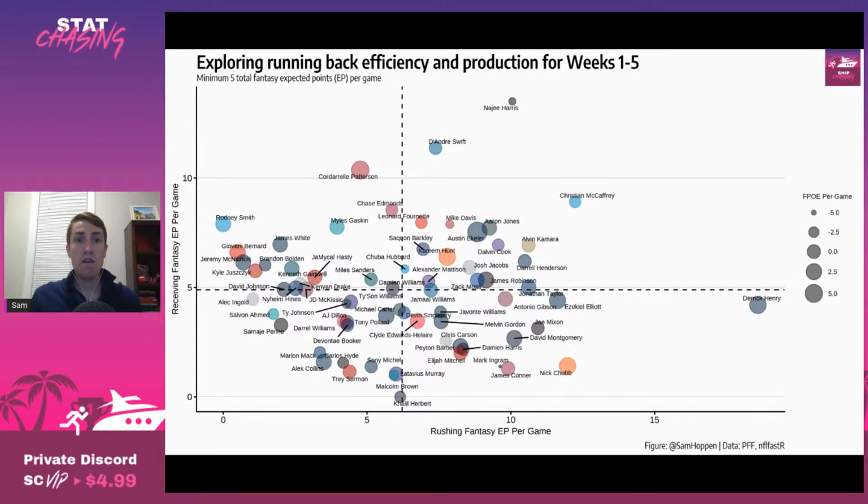If they have a massive bubble, that does mean that they are outperforming the expectation fantasy point wise than they've been given. And if it's lower, then they've been underperforming, but have still gotten a hopefully large workload.